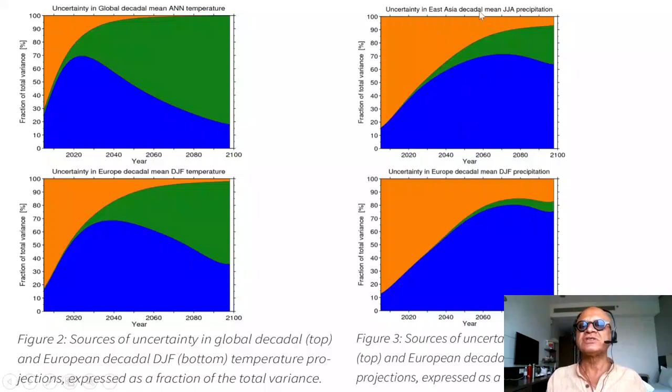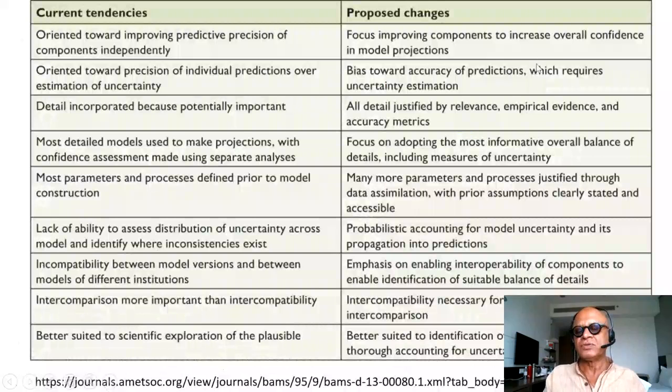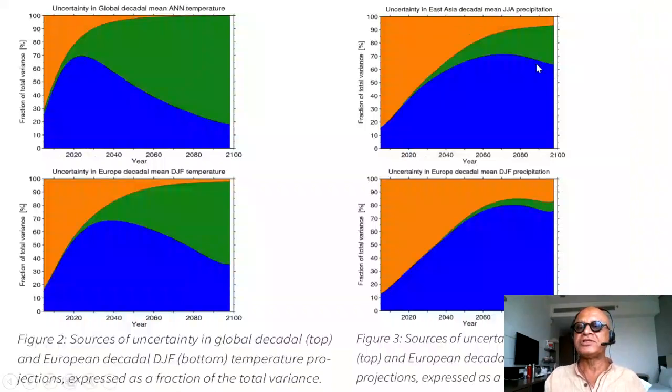So this is the summer temperature for East Asia, and this is the precipitation. Sorry, these are the temperatures and these are the precipitations, and you can see that the sorts of uncertainty are much higher in the models for winter precipitation and summer precipitation, with a bit higher internal variability and model uncertainty.